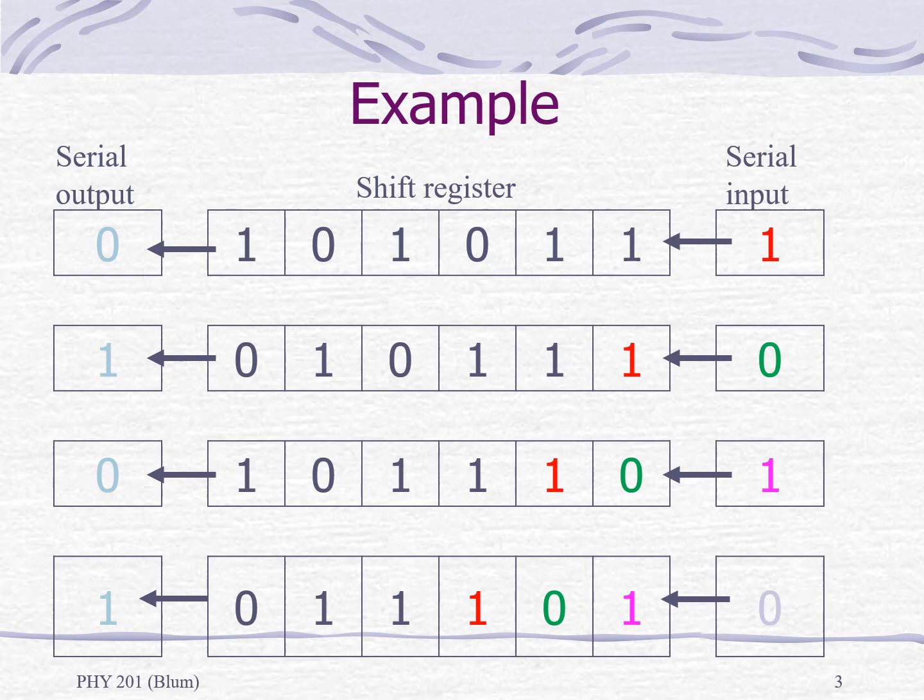There's some bit that is going out, which we've labeled the serial out, and there's some new bit coming in that we call the serial in. That red one at the top is what's waiting to come in. In the second row, after a single shift, it has gotten in the rightmost position, and then it shifts over one to the left and another one to the left as we progress down.